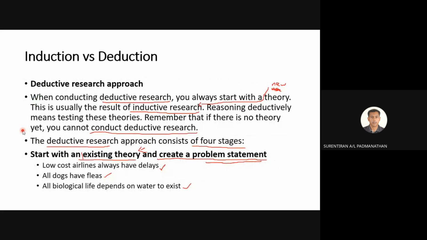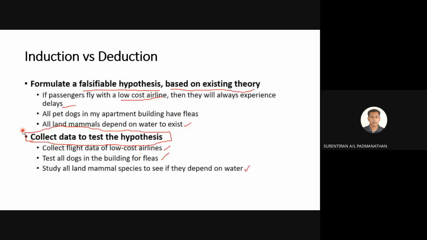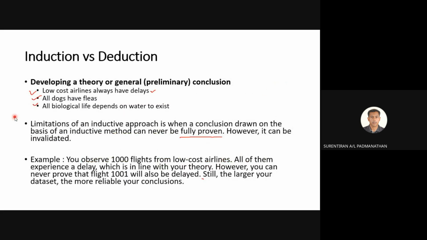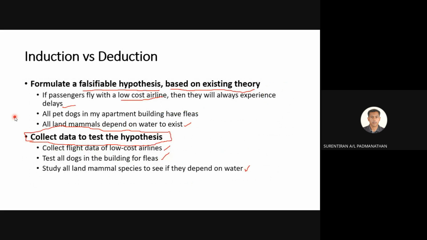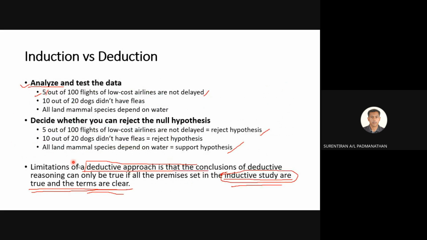Once we have developed the theory, for deductive research, we can test the theory, whether the theory or hypothesis is correct or not. The limitation of the deductive approach is that the conclusion of a deductive reasoning can only be true if all premises set in the inductive study are true and the terms are clear.